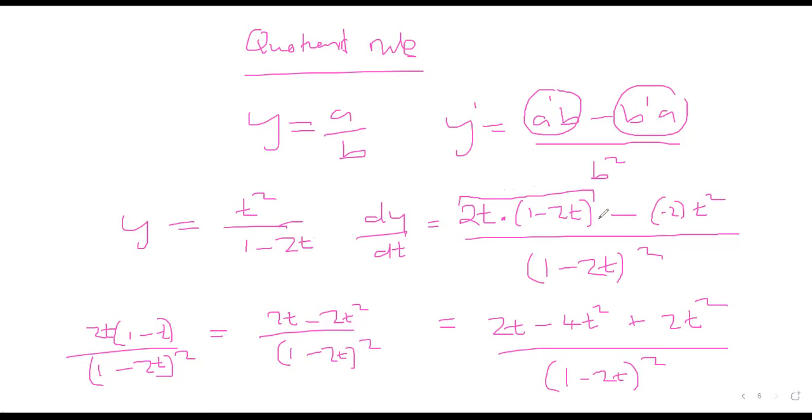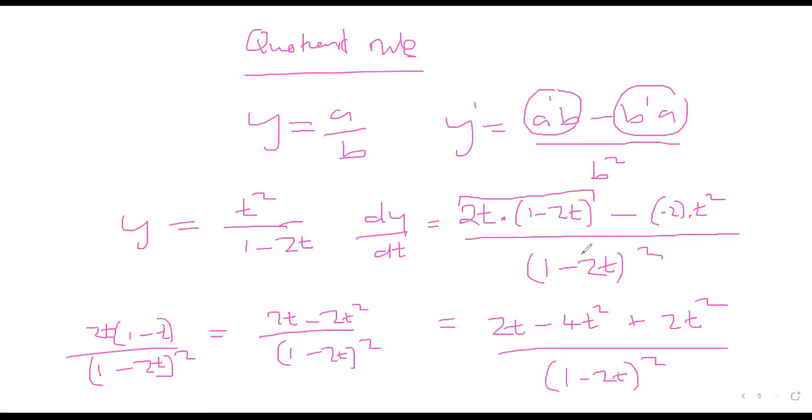Yes. Then minus, since the quotient rule, we subtract, we start from down. Differentiate the denominator, 1 minus 2t, it is negative 2. You understand where the negative 2 is coming from? Yes. It's a constant, this is negative 2, so negative 2, times the numerator as it is, the t squared, which is that one. All right? Over the denominator squared, so 1 minus 2t, we square this part.